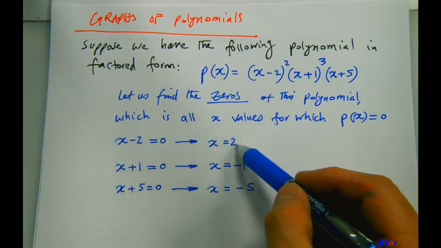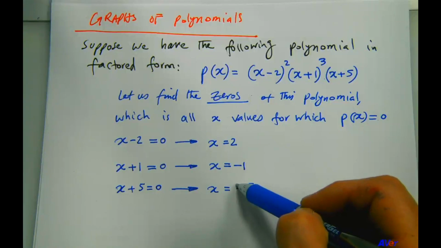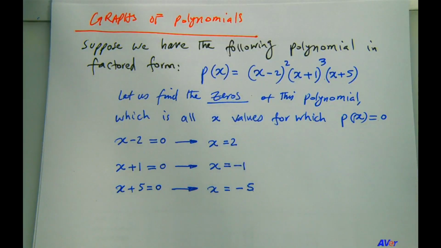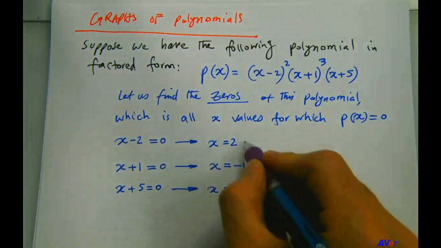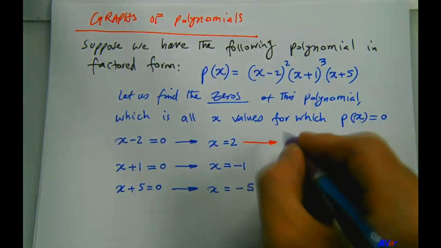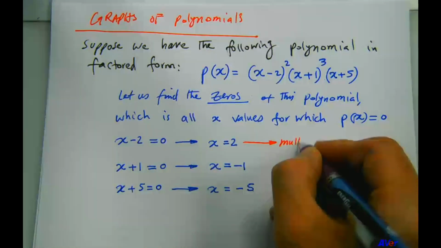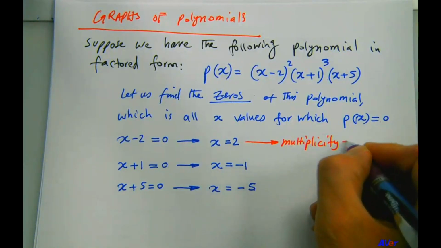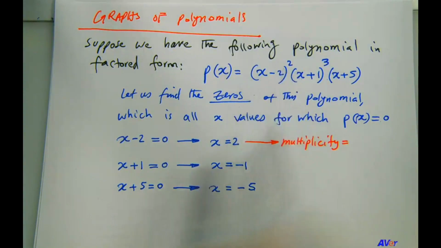Now, associated with each of these zeros of the polynomial, there is something called the multiplicity of the zero. So, for this one, the multiplicity equals 2.